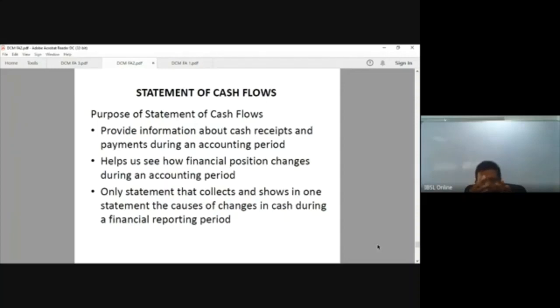Normally, when you lend money to business clients, you ask for the cash flow statement, but that is based on a different concept. When you receive a set of financial statements, if you don't have the cash flow statement, ask the client to prepare it and provide it to you.